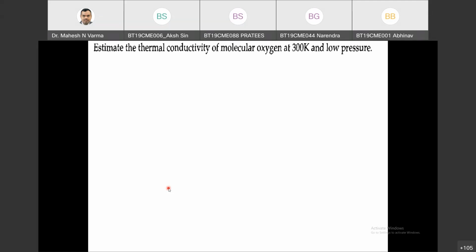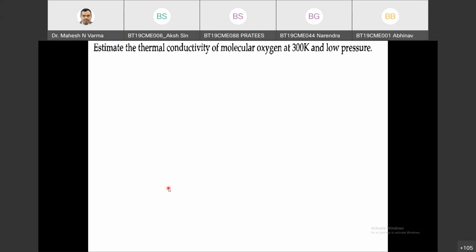So how to solve this problem? Again, there are 4 ways. First is the empirical graph, which you can use directly. Get the critical temperature, critical pressure and critical thermal conductivity of oxygen from the data book. At 1 atmosphere and 300 Kelvin, get the thermal conductivity from the empirical graph.